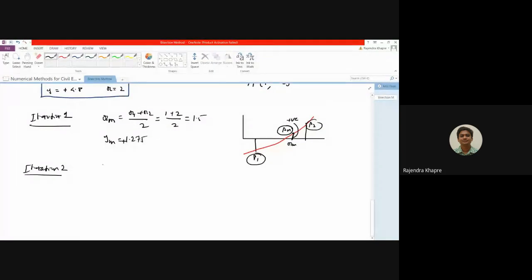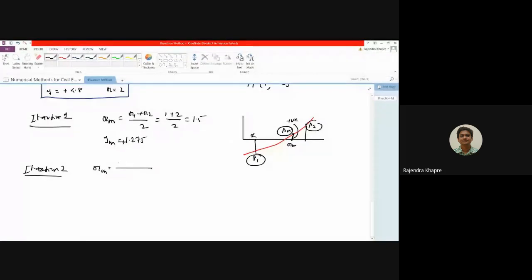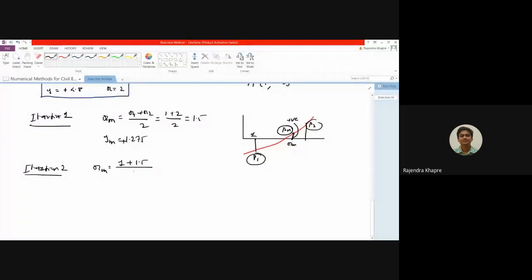Now in this case, your xm will be the first value here, which is 1. So 1 plus 1.5 divided by 2. I think it is now 1.25. Correct?